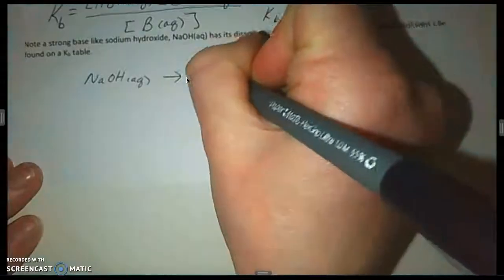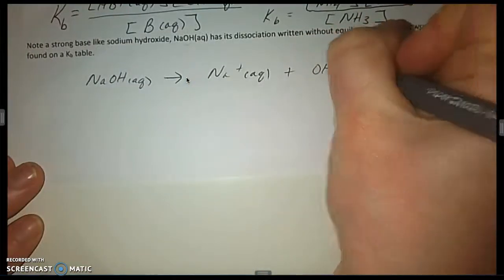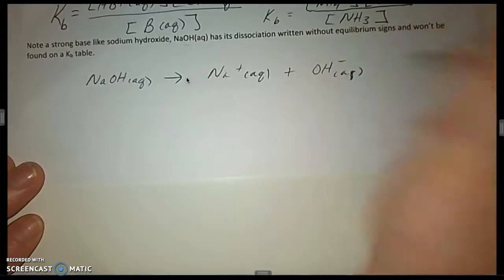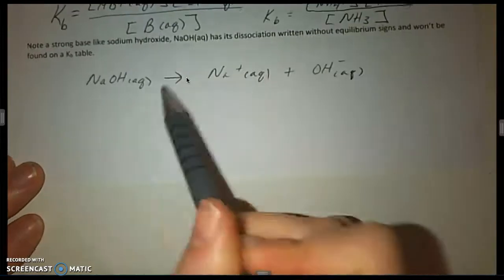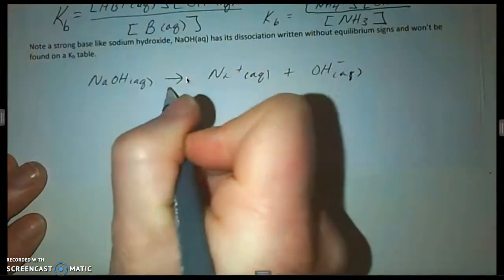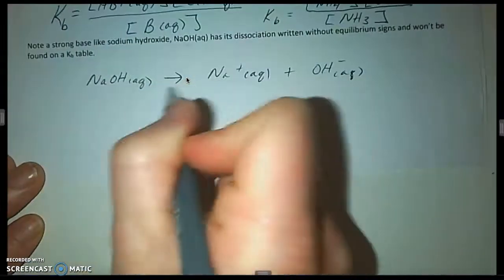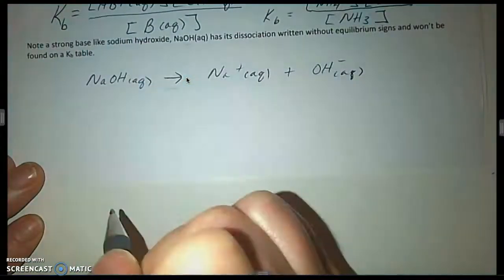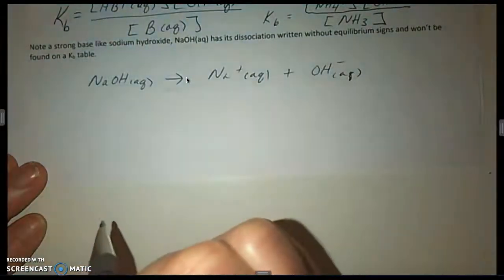So sodium hydroxide just dissociates to make hydroxide ions in the solution. And we don't talk about the role of water at all. Okay, so you won't usually see this listed on a Kb table. Okay, and this is another example because this is a strong base, we use just the forwards direction arrow, not the equilibrium arrow to show the reverse reaction.